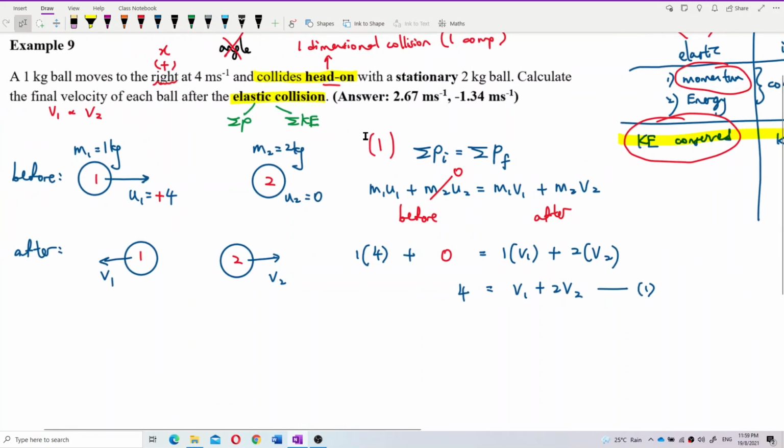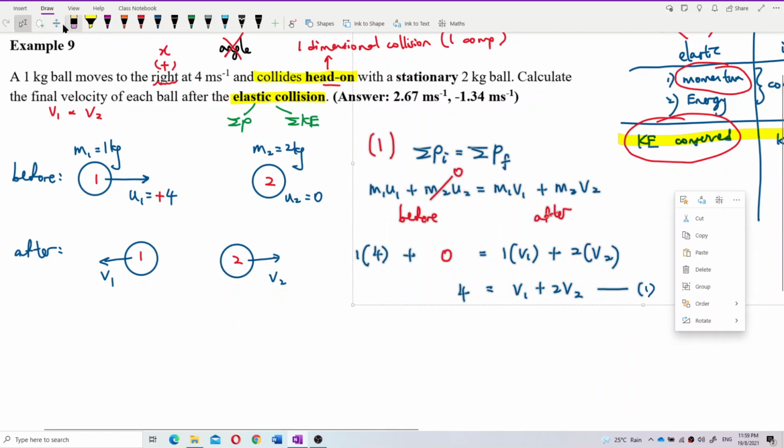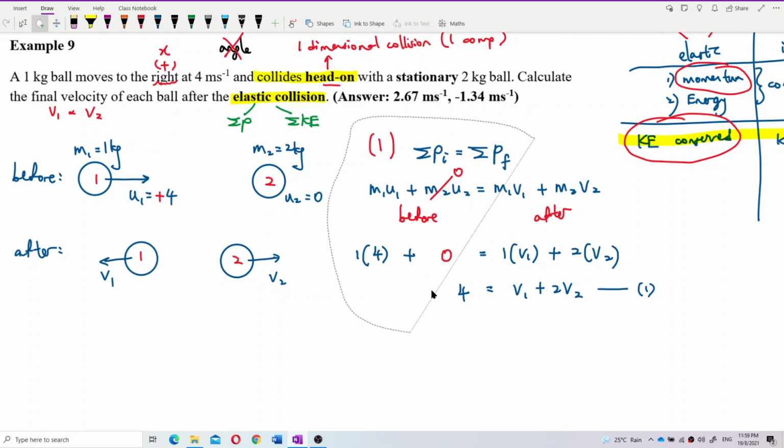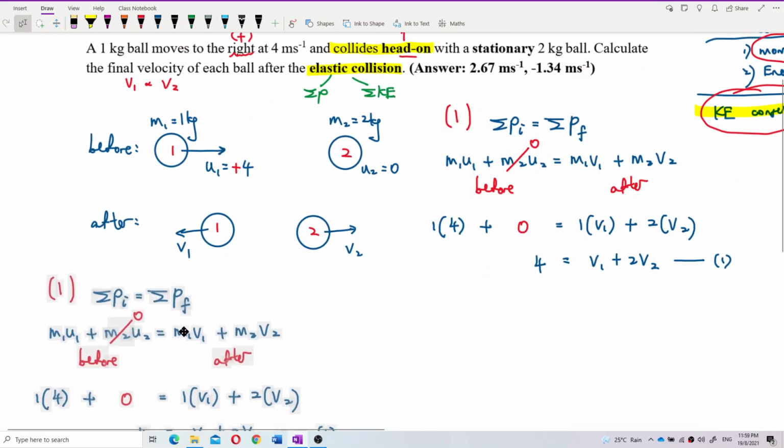Now, this one we can put below here, better. Sorry, hold on a second. How do I select this one? Yeah, this one. Okay, so I put it over here.